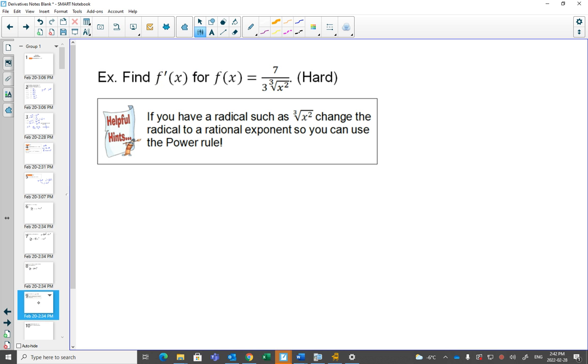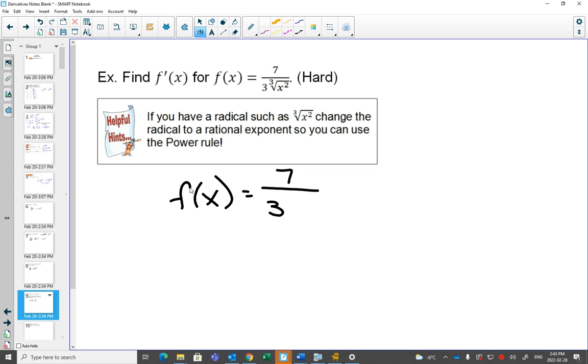And the hardest ones involve all of your exponent laws that you've learned in the past. We need to change that cube root of x squared into the form so that we can use our power rule. So first of all, are you okay that a cube root is like an exponent of a third? Technically, I skipped a step.